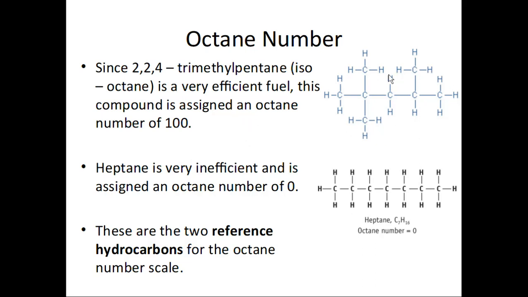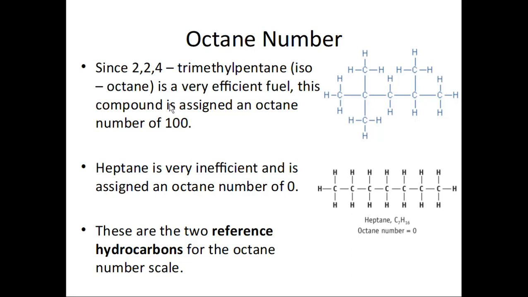This one's important because it's a very efficient fuel, and so it was assigned an octane number of 100. Similar to how our temperatures in degrees Celsius were designed around water freezing at 0 degrees Celsius and boiling at 100 degrees Celsius, everything else is relative to that, and that's what they've done with octane number as well.